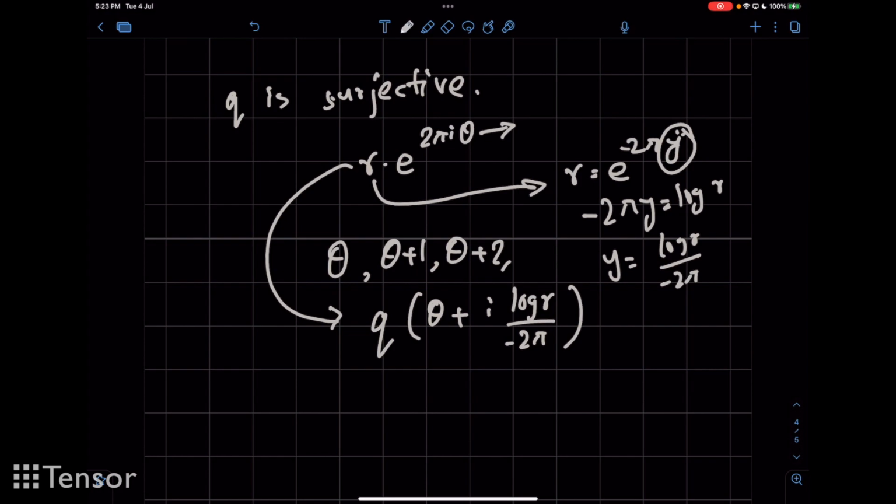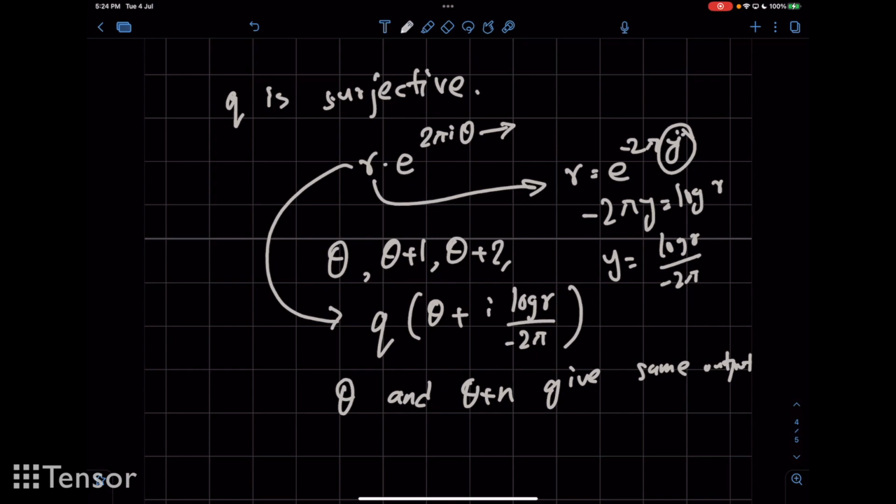And also theta and theta plus n, for n being any integer, give the same output. So we've seen that q is a surjective map.